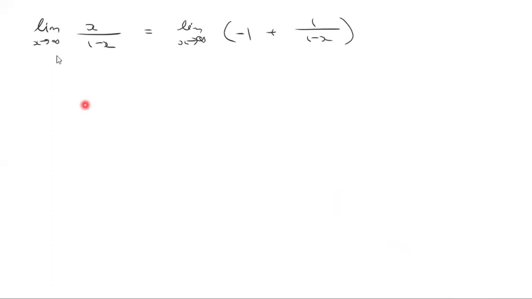So how does that help? Well, remember, the question was to find the limit as x approaches infinity of x over 1 minus x. And I have just done some work to basically rewrite that fraction as -1 plus 1 over 1 minus x, right? Now think about this. As x goes to infinity, what happens to the denominator here?